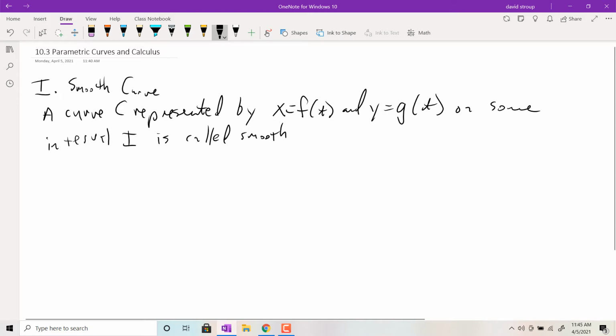And the kinks will be caused by having a simultaneous equaling of 0 from the derivatives of these component functions for x and y.